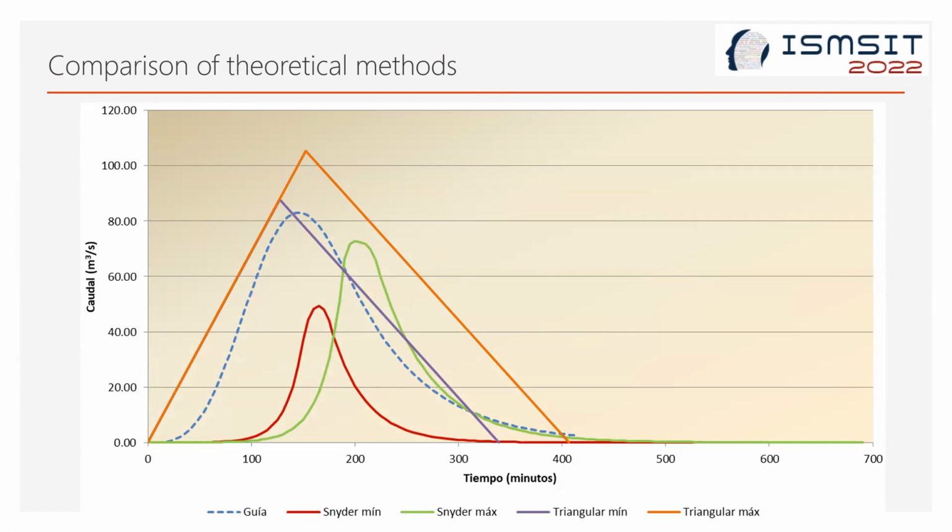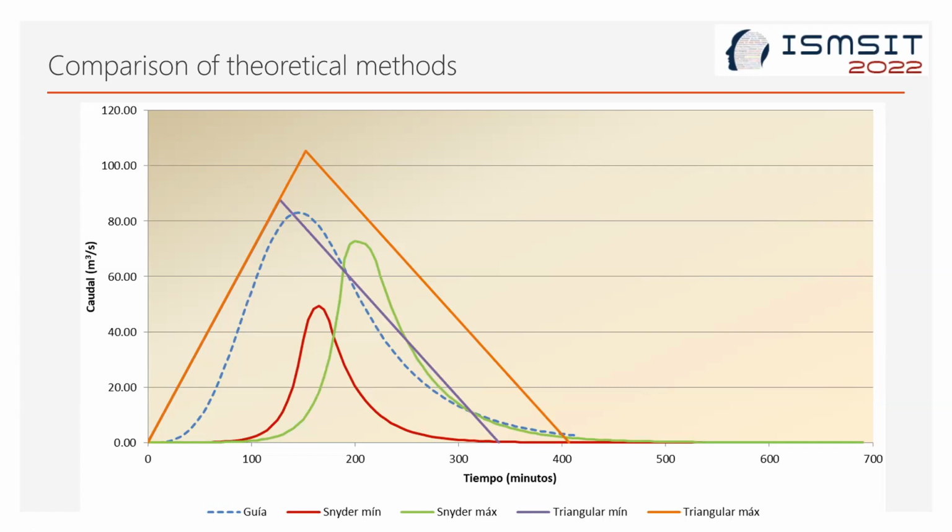If we compare the graphs corresponding to the hydrograms that would be generated by the methods of the synthetic unit hydrograms of Schneider, these in red and green, with the synthetic triangular one, this in orange, and this other one generated by the methodological guide for the calculation of flows on the island of Tenerife, it can be observed that neither the time in which the value of the peak flow is produced nor the base time of the hydrogram are coincidental.